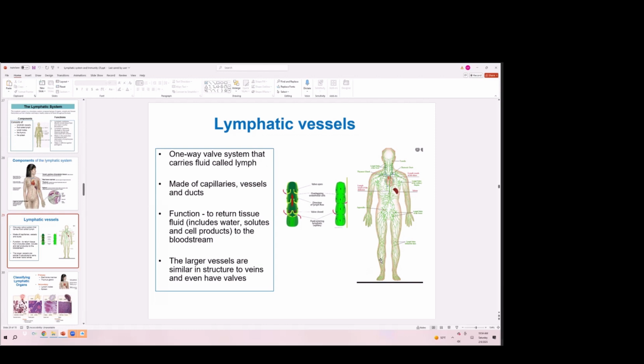And to prevent backflow, these vessels have one-way valves. So just like veins, when you have skeletal muscle pressing on them, liquid would move to this section. And even when the muscles contract, the liquid doesn't flow back because of these valves that are there.